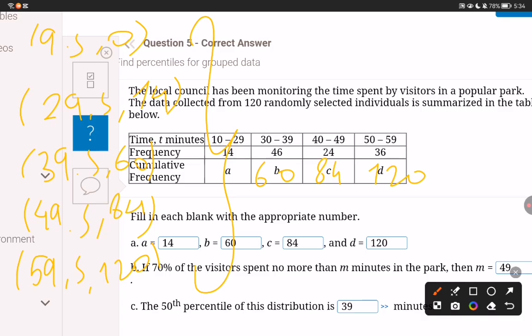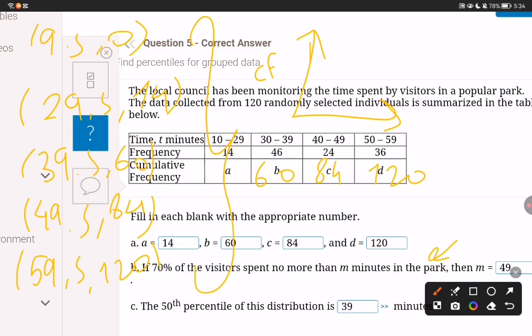And then for part B over here, you just look at the cumulative frequency graph. So you look at the side over here, you find 70% of the visitors. 70% of 120, so 70% times 120 is 84, my bad. It's 84, okay?